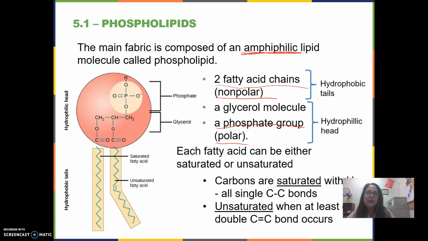So the phospholipids arrange themselves in a double layer where the fatty acid tails face each other and the heads face outside and inside the cell. Now, the fatty acid tails can be saturated or unsaturated. If they're unsaturated, they have at least one double bond, remember, and the unsaturated fatty acids will have a kink, a little bend in their chain.